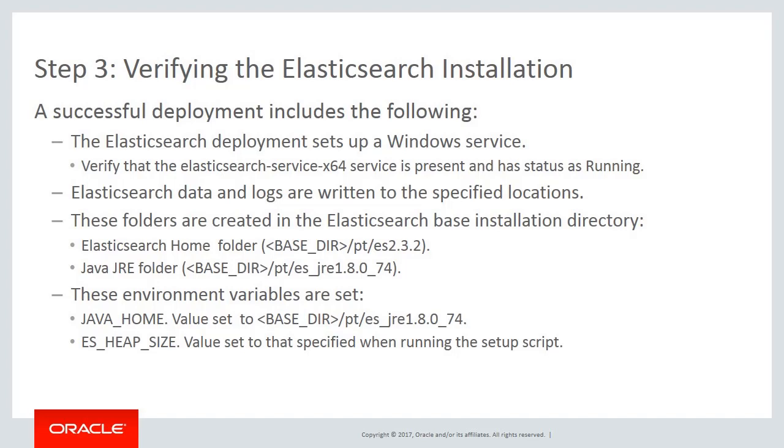Please refer to the PeopleSoft deployment packages for Elasticsearch installation document on My Oracle Support, doc ID 2205540.2. This document contains additional deployment verification checks that are not discussed in this presentation, steps to remove an Elasticsearch installation on Windows, and instructions on deploying Elasticsearch on a Linux environment.